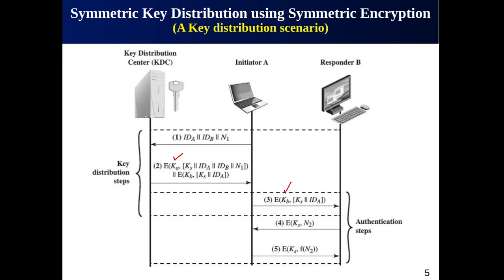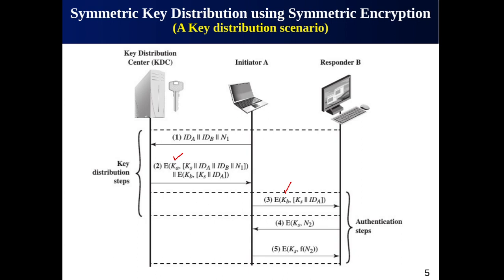These symbols need to be understood. KA is the master key of the sender, for example A, and KB is the master key of the receiver, for example B. Okay, KB is the receiver master key, KA is the sender master key.